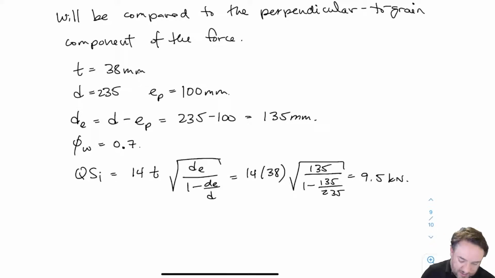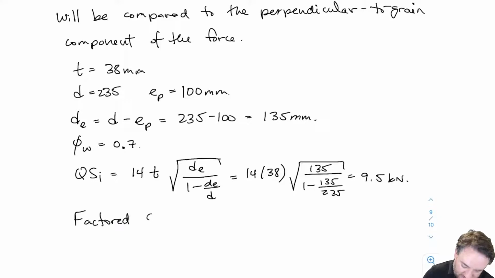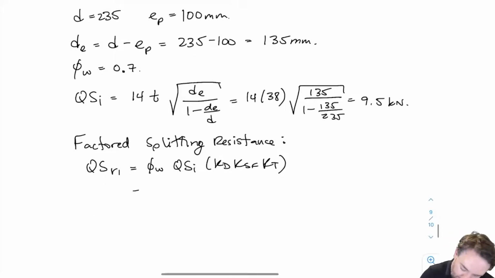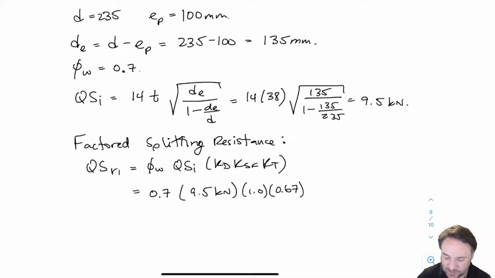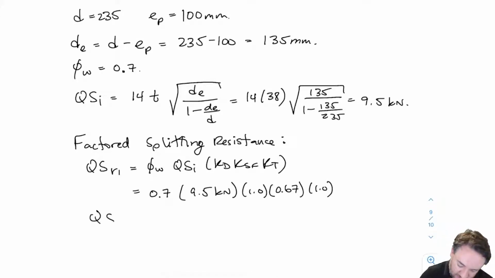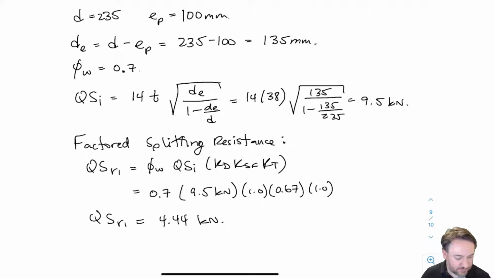Okay, and now we can find our factored splitting resistance. As before, 0.7, 9.5 kilonewtons for our QS, and then we have our modification factors. This is a wet service condition. We determined that KSF was 0.67, untreated, and our QSR comes out to 4.44 kilonewtons.